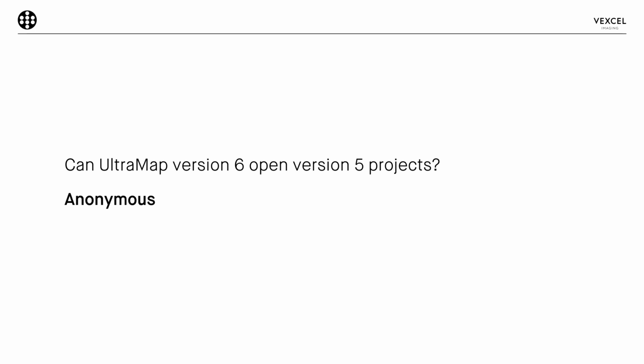That means project files cannot be opened directly in version 6, but for earlier versions of UltraMap, we offer the way to import the level 2 data into version 6 and also read the aerial triangulation archive files and the radiometry archive files and use these in version 6. So using that path, using these imports, you get exactly the same results in version 6 as if you were processing with version 5, and you can also take advantage of the adapted data structure with improved visualization performance and so on.